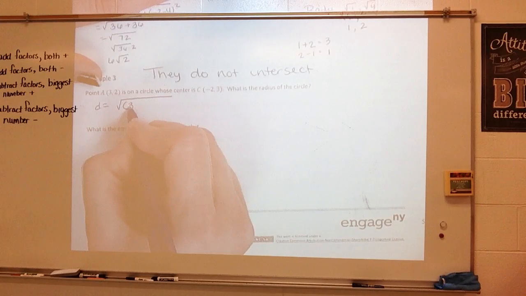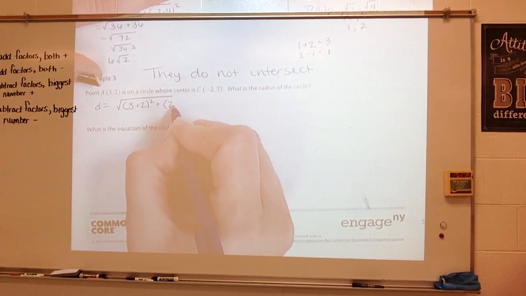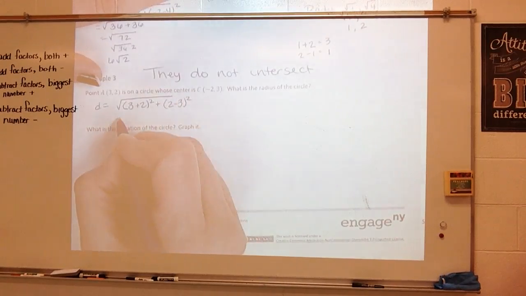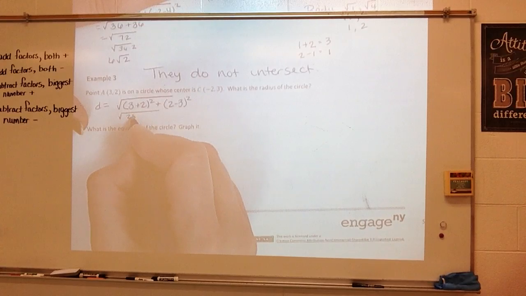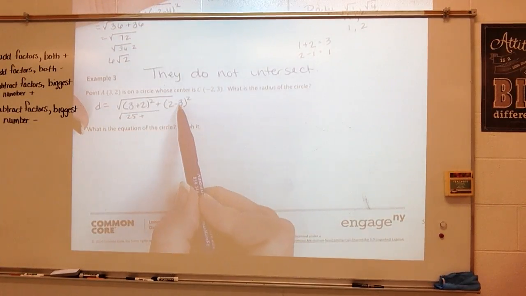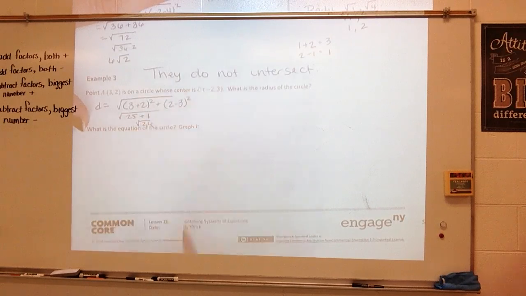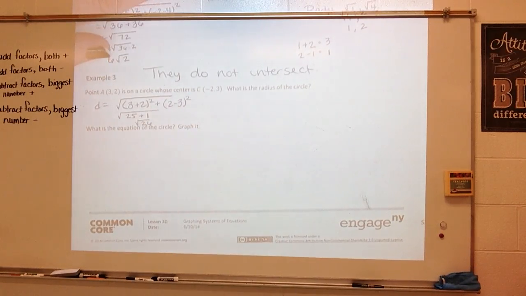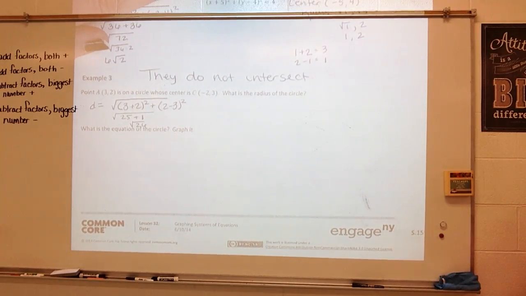So 3 minus a negative 2 is 3 plus 2 squared, plus 2 minus 3 squared. I get 5 squared, which is 25, plus negative 1 squared is 1. So I get the square root of 26. That is the length of my radius.